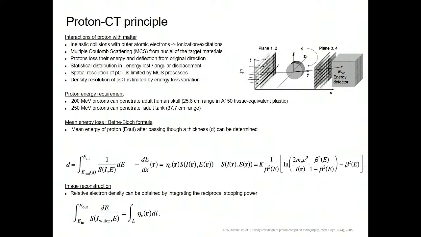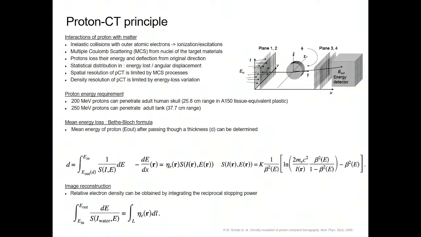Because of the multiple Coulomb scattering, the principle of image reconstruction is not like X-ray, right? With X-ray, you just send the X-ray, and then see how much of the X-ray is left. You have a black-white picture because some organs absorb the X-ray. But here you have to get information from the energy that is really deposited, which should be related to the electron density of the phantom or the organs.